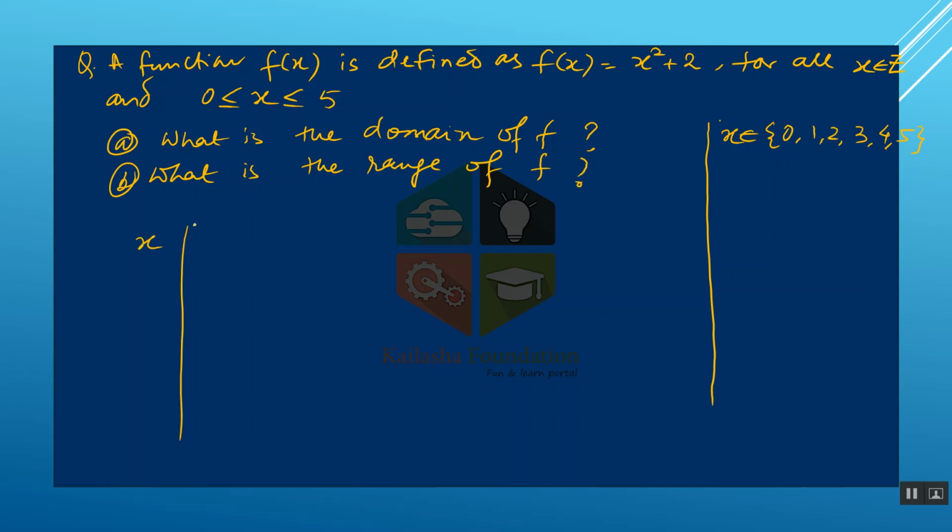We can write f(x) as y. I just told you what can be put in place of x. So 0, 1, 2, 3, 4 and 5. So for x we have x square plus 2.